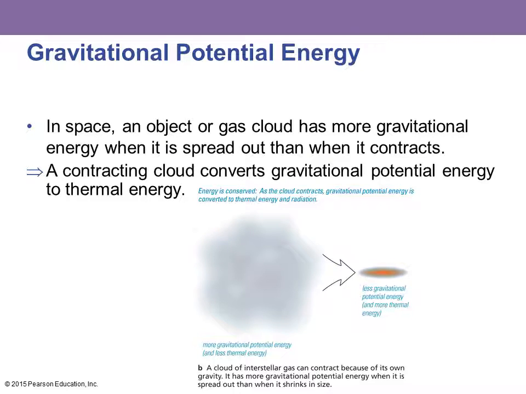So in space, an object or a gas cloud, for example, has more gravitational energy when it's spread out than when it contracts. If it's a cloud, it has all this energy that it could potentially use to contract. When it does, that gravitational potential energy turns to thermal energy.